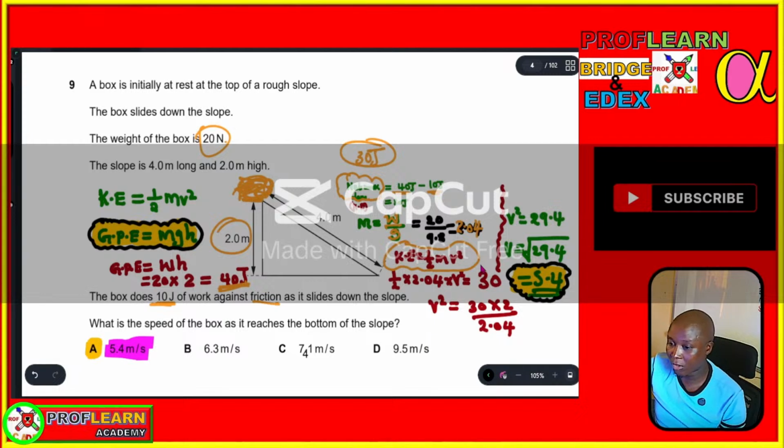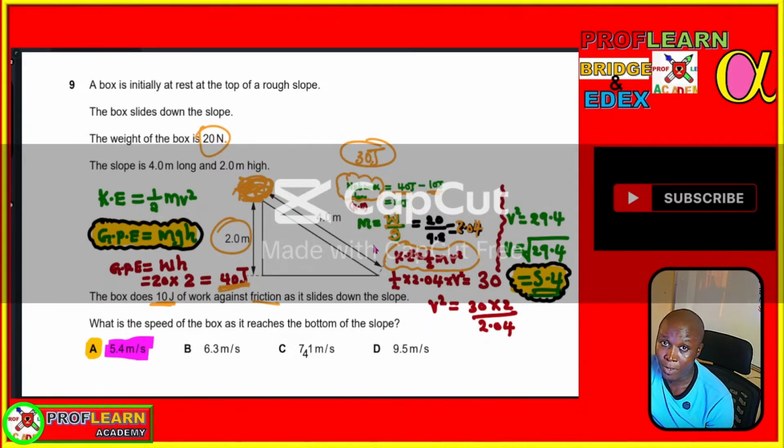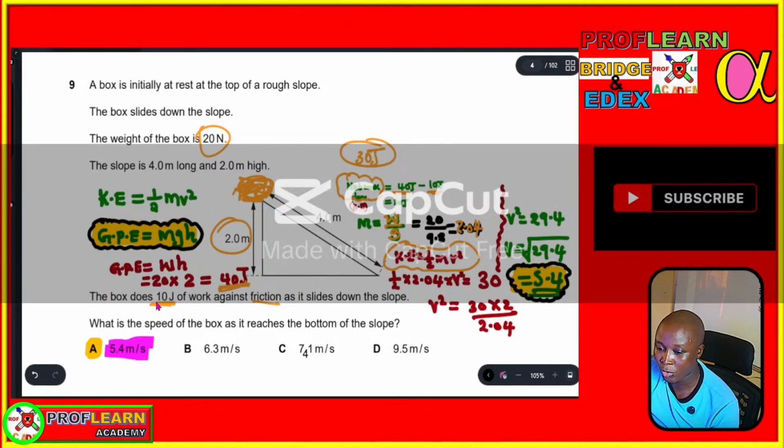Because when the box was at the top here, it was having gravitational potential energy. Which amount was it having? It is mgh, where mg is the weight, so we say 20 times 2, that is 40 joules. But as it slides down the slope, part of that gravitational potential energy will be used to overcome friction, and that amount is going to be 10.